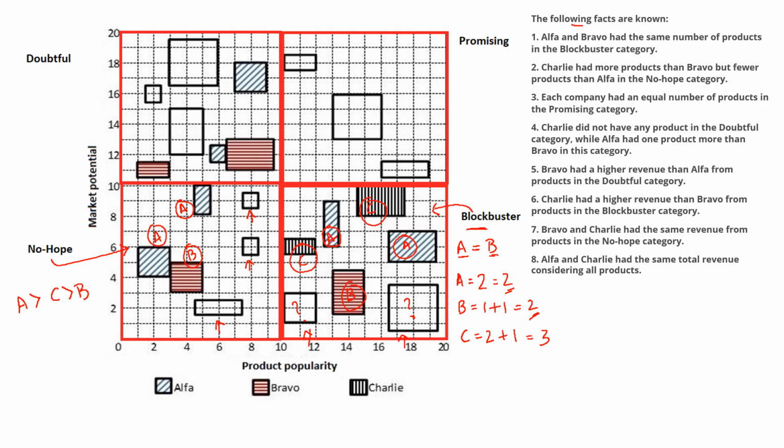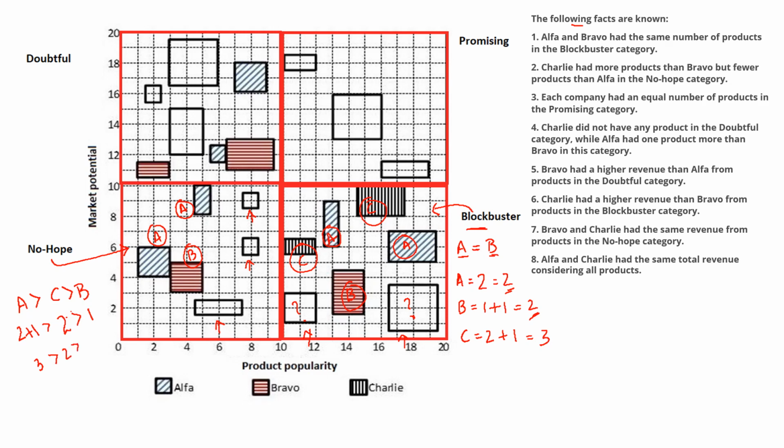So we already have 2 boxes of Alpha and 1 box of Bravo. In order to satisfy this inequality, we are left with 3 boxes. If this is 1, then C should be at least 2 in order to satisfy this inequality, and A should be 1 more, that is 3.